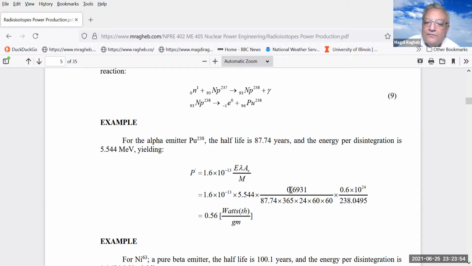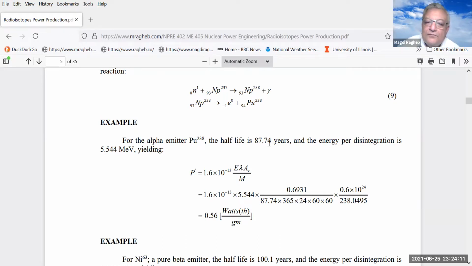Here, lambda is 0.6931, the natural logarithm of 2, divided by the half-life in years. But you have to be very careful here, because the activity was calculated initially in becquerel, which is disintegrations per second.